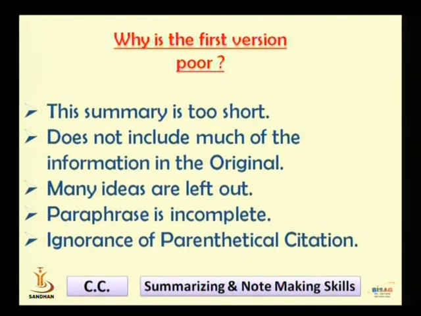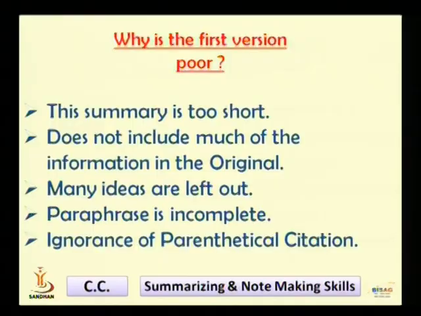If you remember the techniques for summarization, as I have told you, it should start with the opening, then evolution and development, and then the conclusion. The first version of the summary is too short. It does not include much of the information from the original passage. Many ideas are left out.